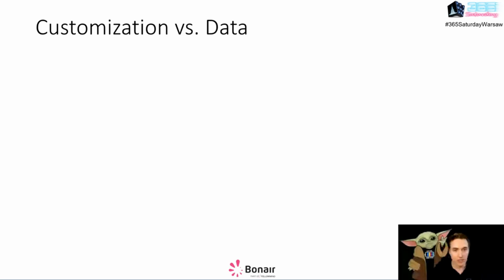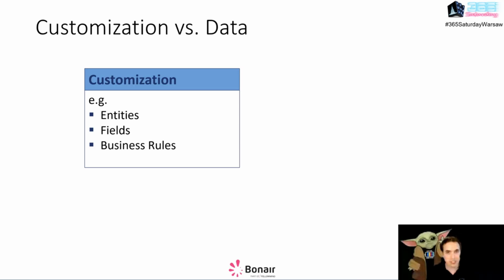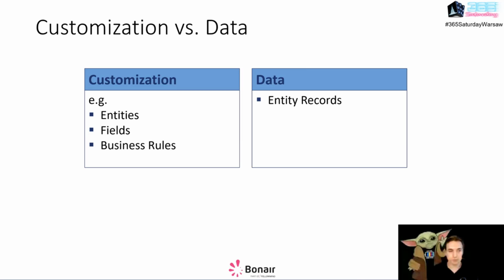First of all, I want to talk a bit about customizations versus data. On the one hand, we have customizations. Those are, for example, entities, fields, business rules, and so on and so forth. On the other hand, we have data. Those could be entity records, for example, mainly. Customizations can be shipped in a solution.